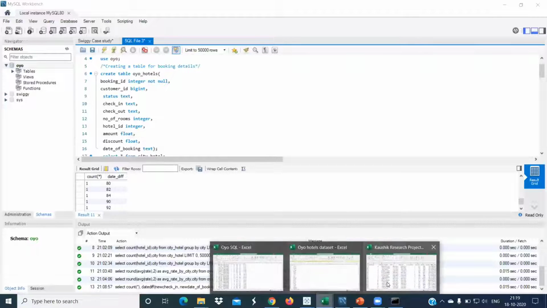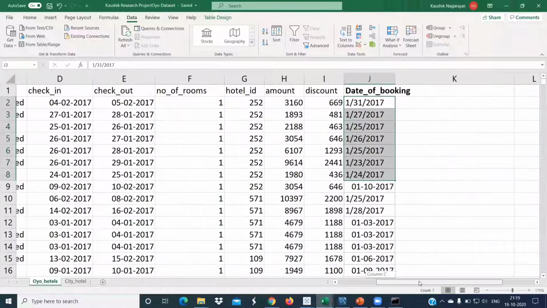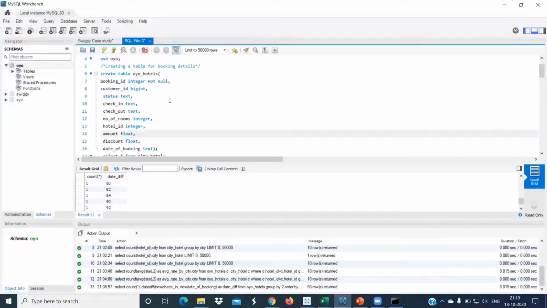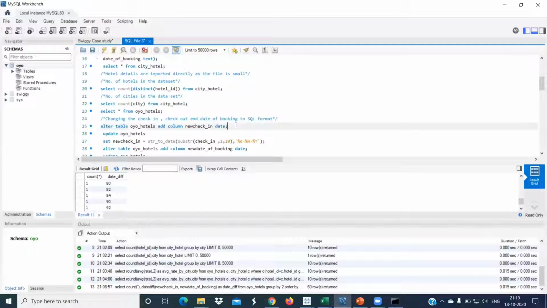The other difficulty faced in importing the data is regarding the date. The date when imported to SQL will only be accepted in a text format. Dates are generally not in a format which will suit SQL. SQL will suit only the YYYYMMDD format. So after importing the date in the form of text, a couple of queries were written.